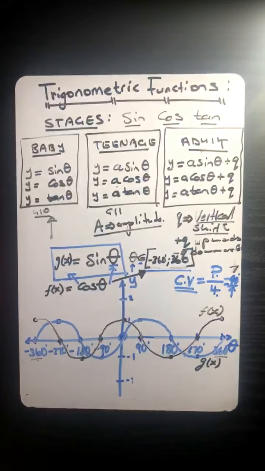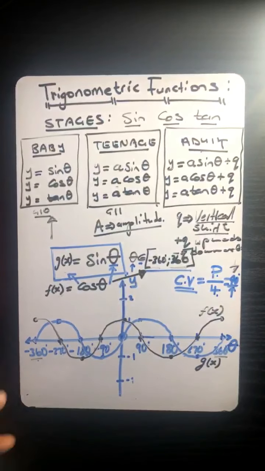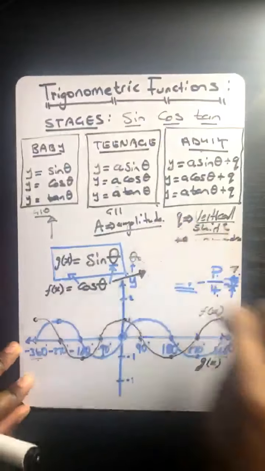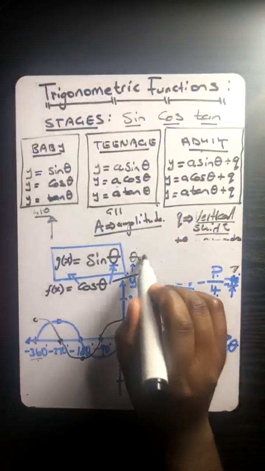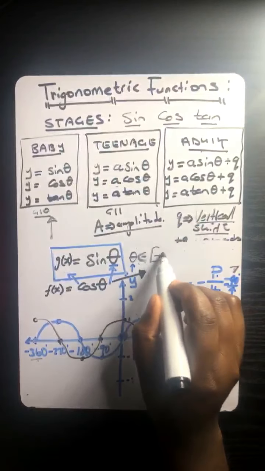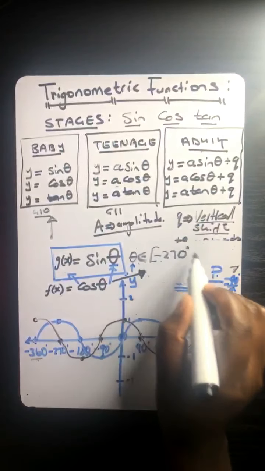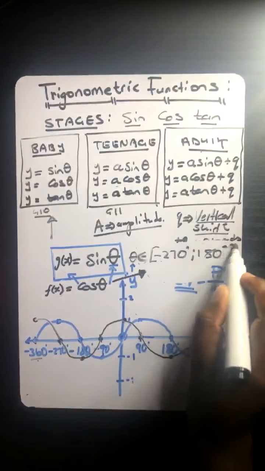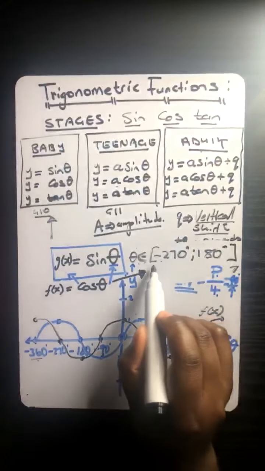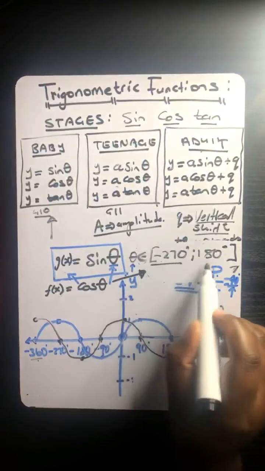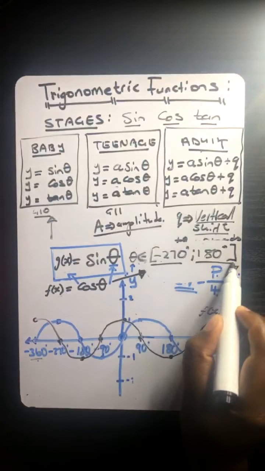In case, for example, the examiner says sketch your function where your angle is an element of negative 270 degrees and 180 degrees. They're saying we just want to see your function starting from there and ending there.